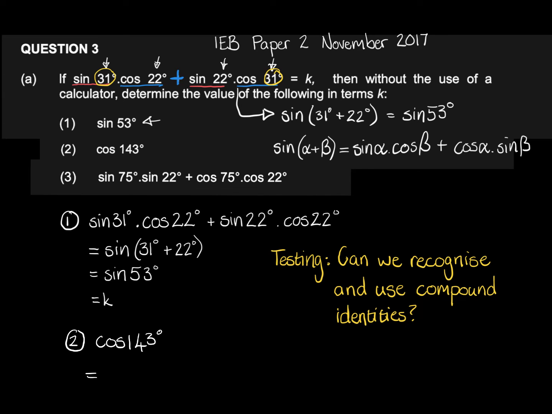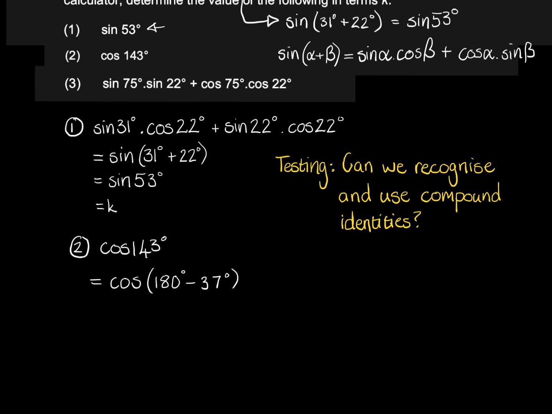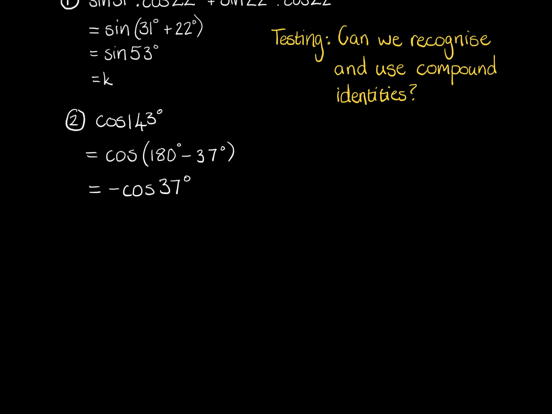I'm going to say that that's the same as cos of 180 degrees minus 37 degrees, which, it's in the second quadrant, so it's negative cos 37 degrees.